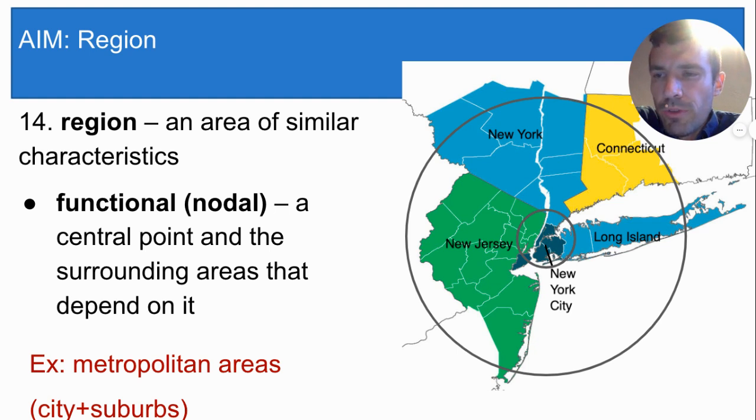Metropolitan areas are always functional regions because by definition, they surround a city and depend on it for jobs. In this map, the node is New York, and the shaded areas are places where lots of people commute to New York City for work. You can see that people commute to the city from Long Island, Connecticut, Southern New York State, and New Jersey. And all these areas are the functional region that is served by the central point, New York.